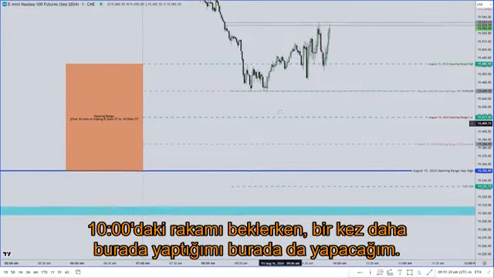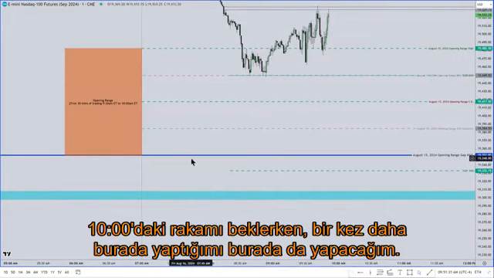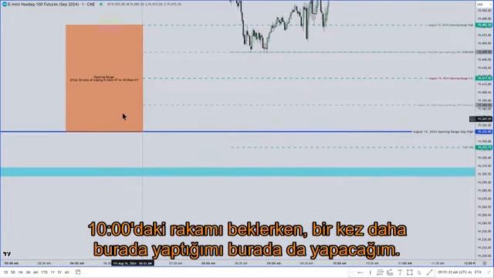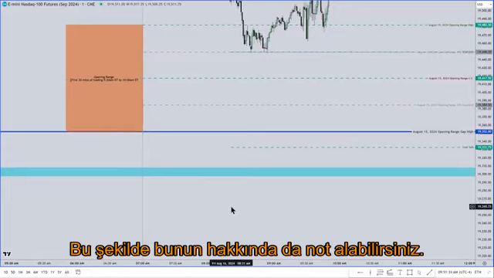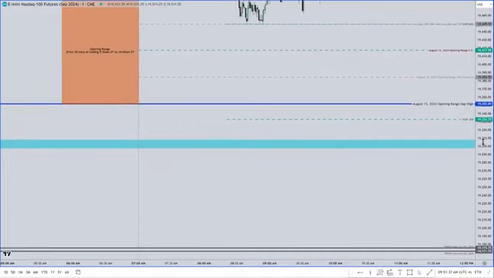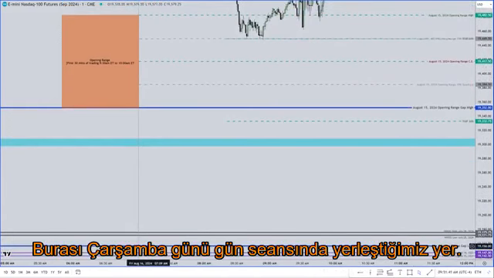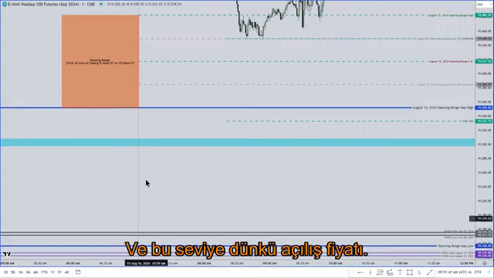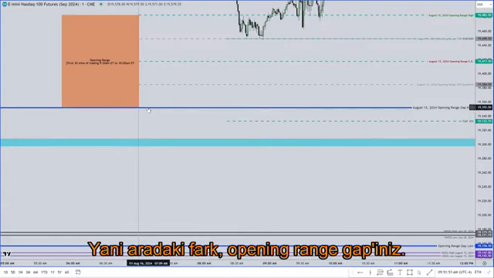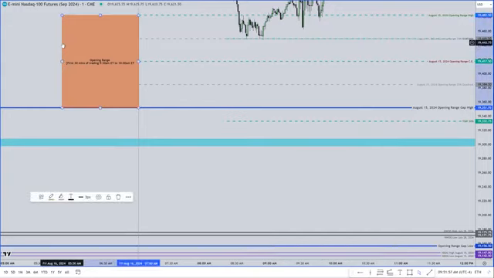While we're waiting for that 10 o'clock number, I'm going to do the same thing here that I did here, so that way you can take notes as well on this. This is where we settled on Wednesday on day session, and this level here is the opening price yesterday. So the difference between that is your opening range gap.